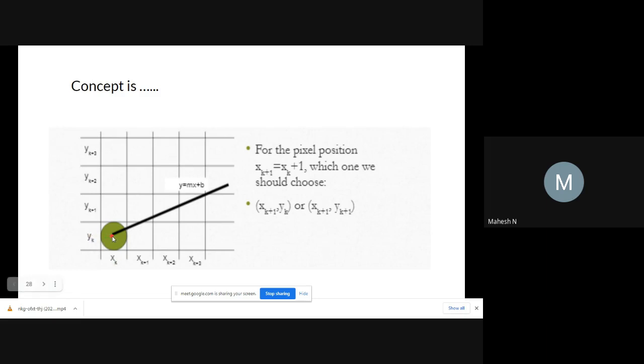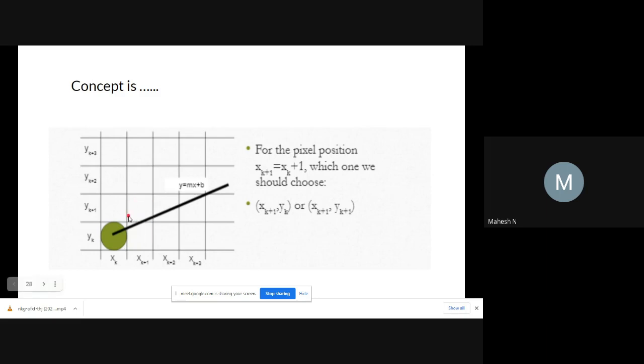Now coming to the next pixel to illuminate. You can see here, a part of the line is falling in this pixel, and another part of the line is falling in this pixel. Coming to the next column, I should ignite only one pixel, whether this pixel or this pixel.